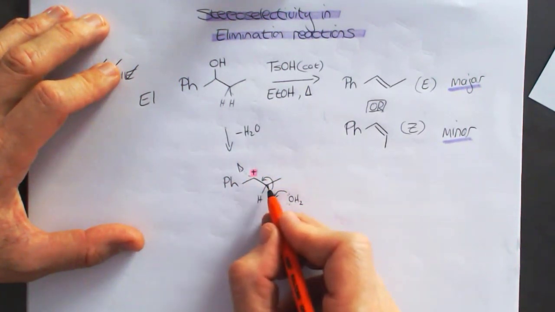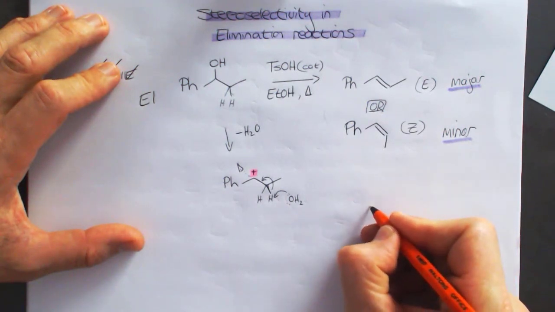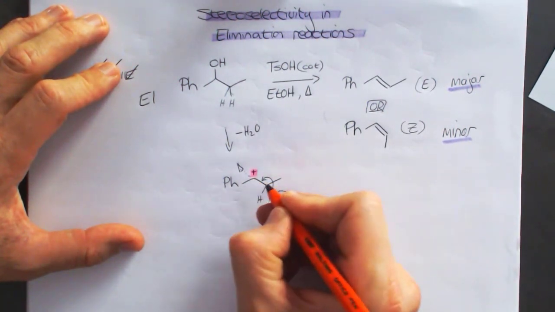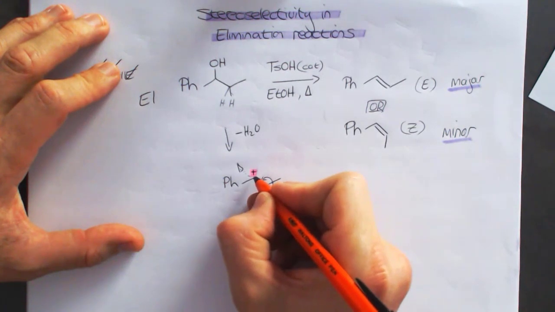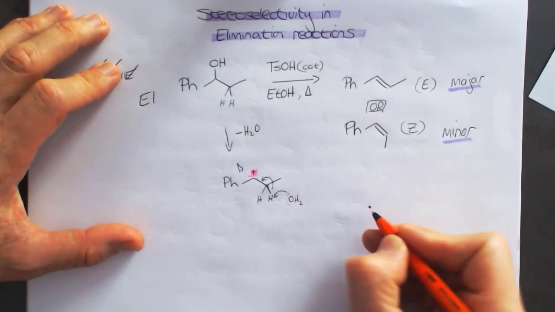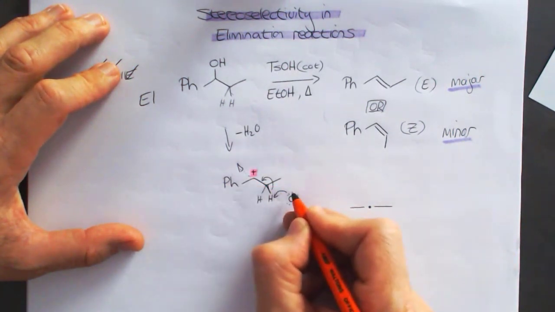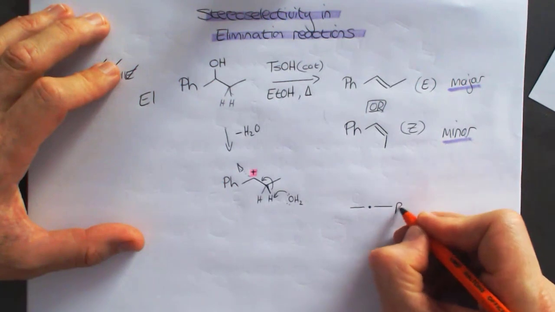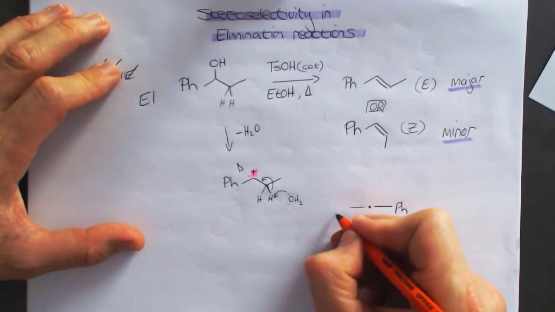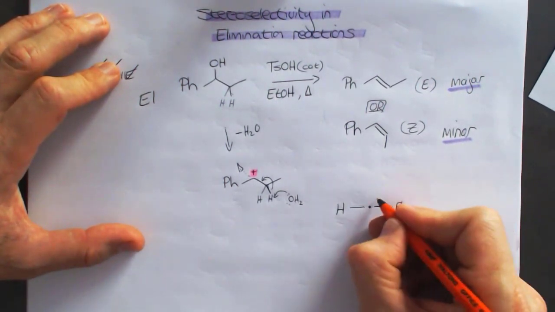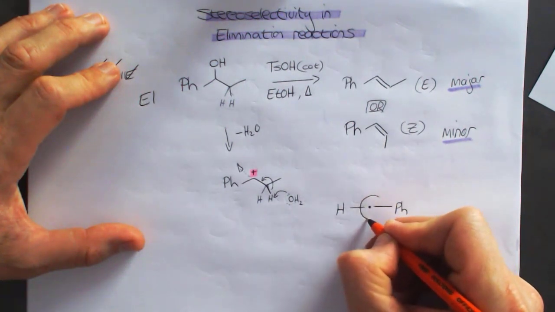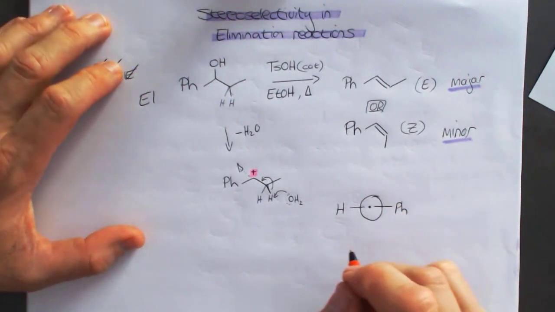And what are we actually seeing? As we look down that bond, this carbocation is flat, so there is a hydrogen sitting out planar to this. We've got something that looks like this over here. As we're looking down that bond, the phenyl is on this side, and then at the back, we've got the other carbon, which we draw like a circle.